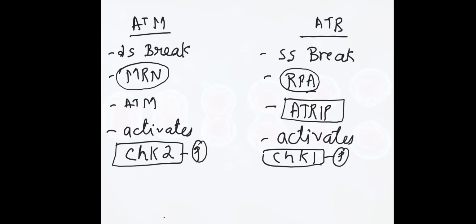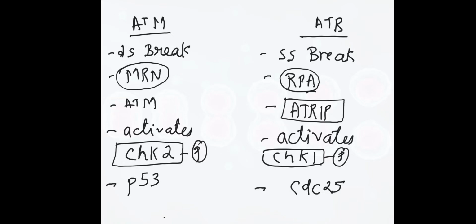And after that it will signal, converging on downstream effectors, such as P53 in ATM, and CDC25 in ATR, for further outcome, whether apoptosis, cell cycle arrest, or cellular senescence.